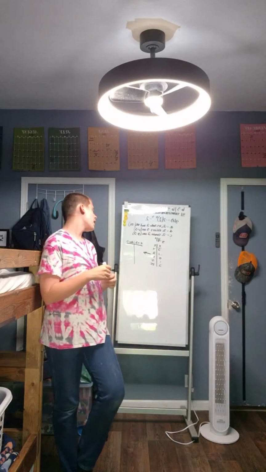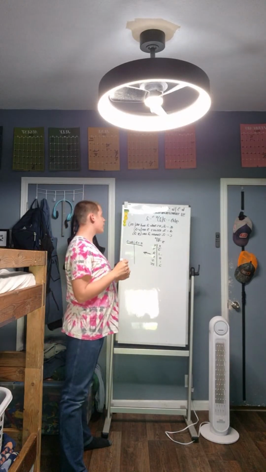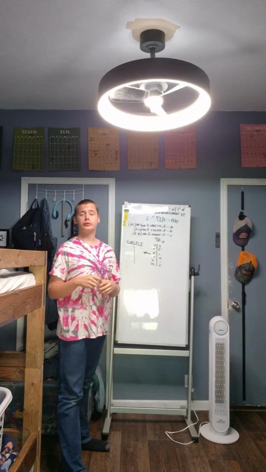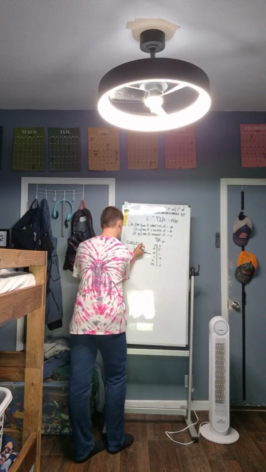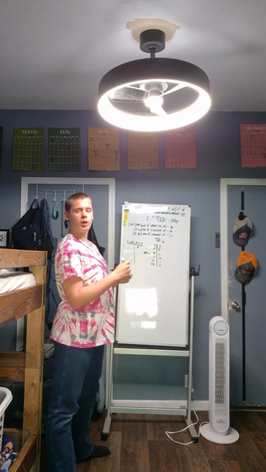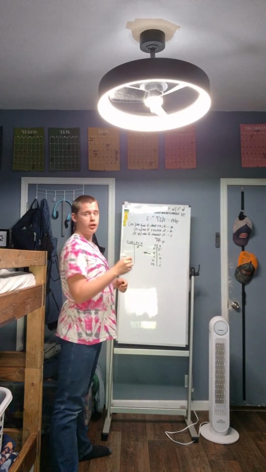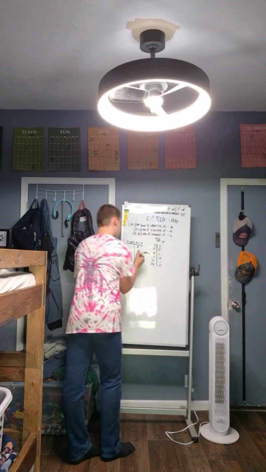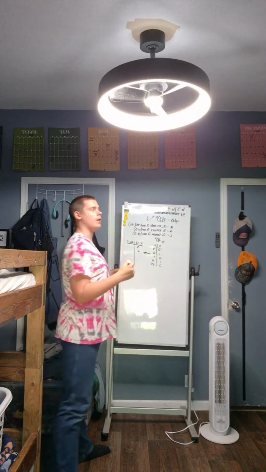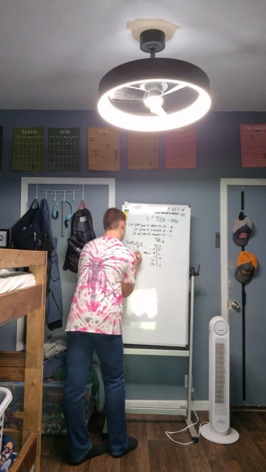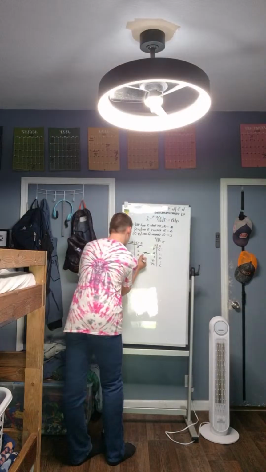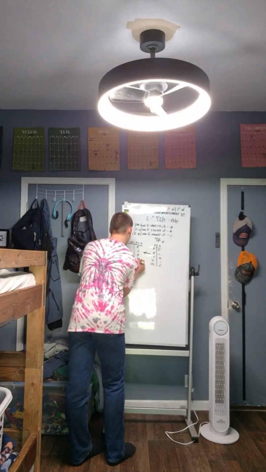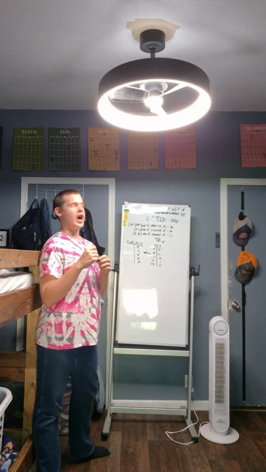So we have negative 2 plus 1. What's negative 2 plus 1? 1. What's negative 1 plus 3? 2. What's 0 plus 3? Obviously 3. What's 1 plus 3? 4. Then 2 plus 3 is 5.